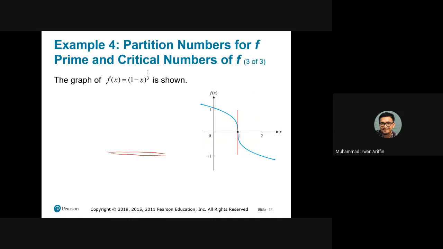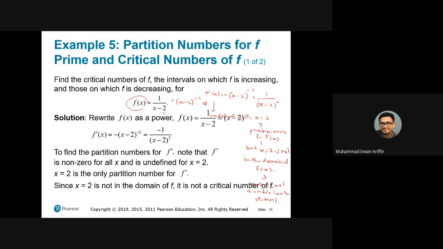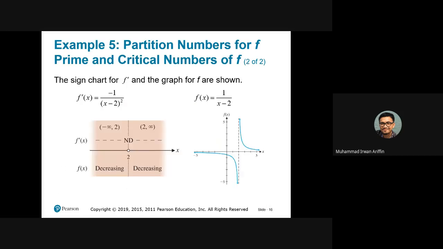Can x take the value of 1? Yes, no problem at all. So the value of 1 is still within the domain of the function. But here, x equals 2 is not in the domain of the function, and because of that, it is only the partition number for the derivative, but not a critical number of the function. So no critical number.